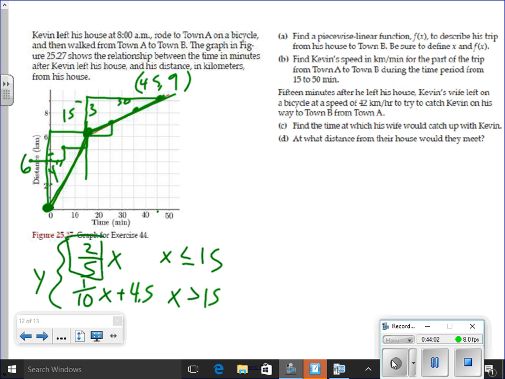Basically, he went 6 kilometers in 15 minutes, and we need his speed per minute. We'll get to speed per hour in a minute.